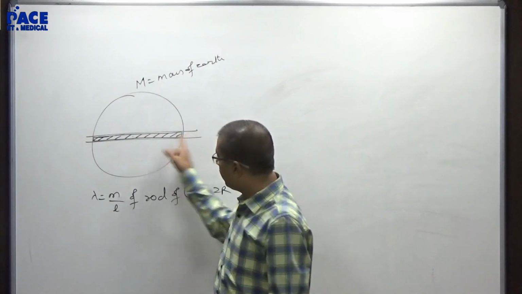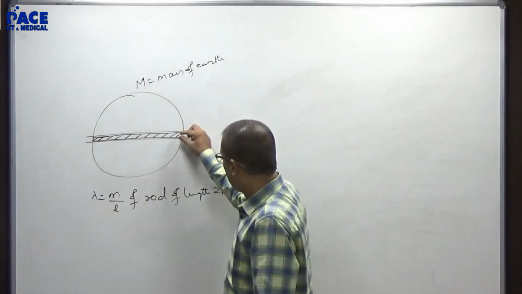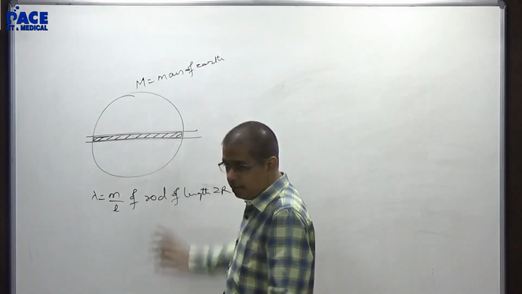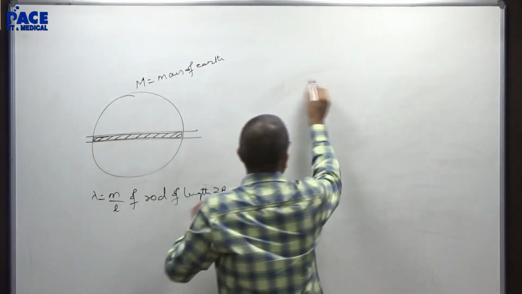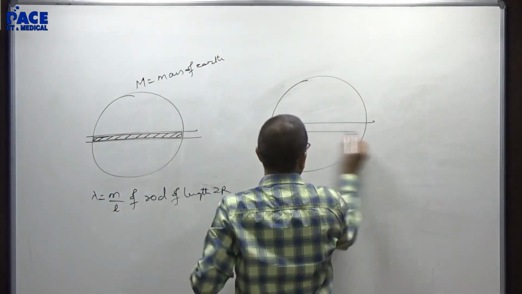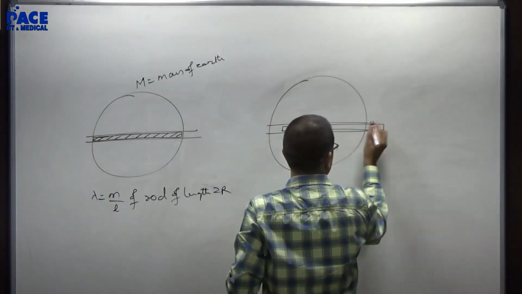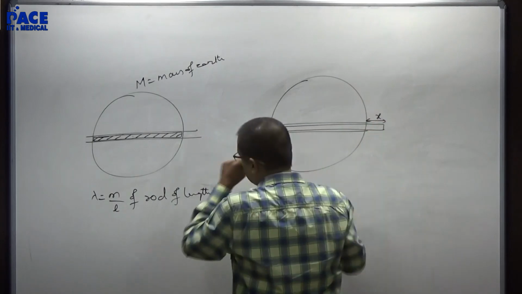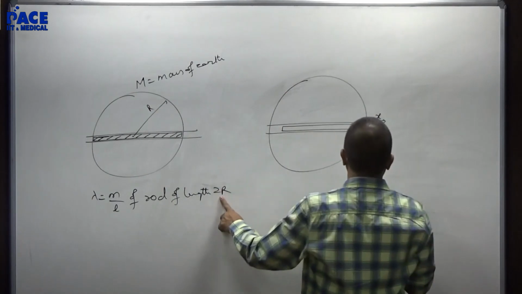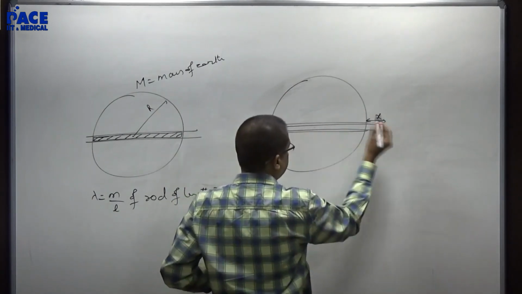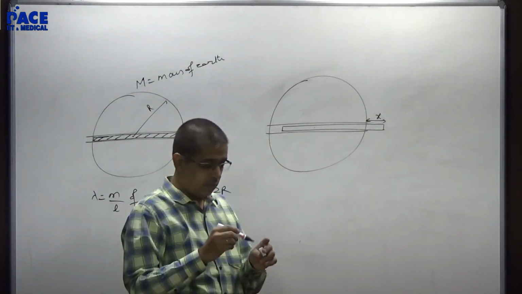Now Morin says he kept a thin rod of linear density lambda. Length of the rod is 2r, 2 times the radius. The rod is slightly displaced to the right and released. Find the time period, make it very fast.